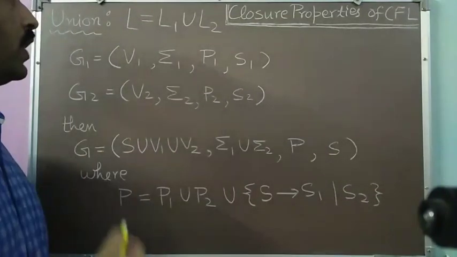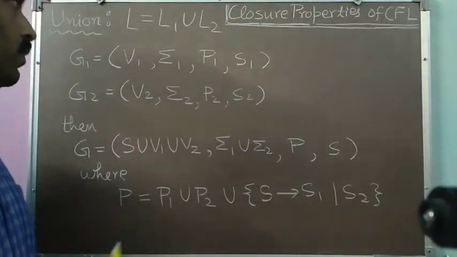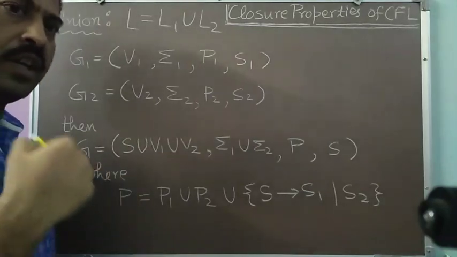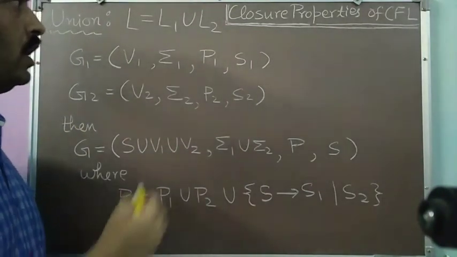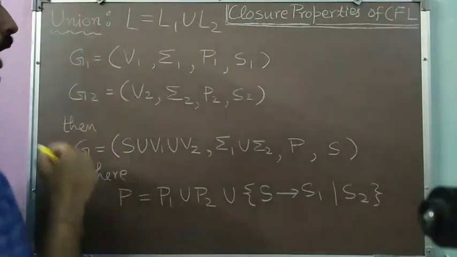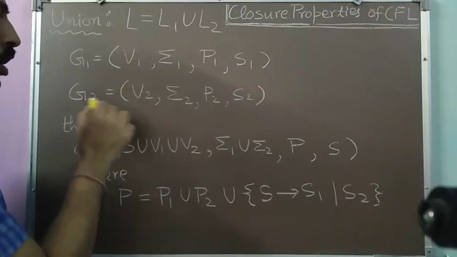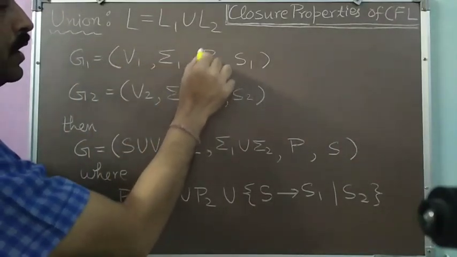We will be proving this closure property with the help of a construction procedure. If L1 and L2 are context-free languages, then we will be able to write a context-free grammar corresponding to each. Let us assume that corresponding to L1, G1 is the context-free grammar, and corresponding to L2, G2 is the context-free grammar, where G1 is defined as V1, Sigma 1, P1 and S1.